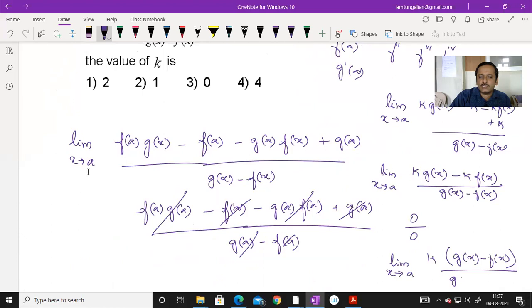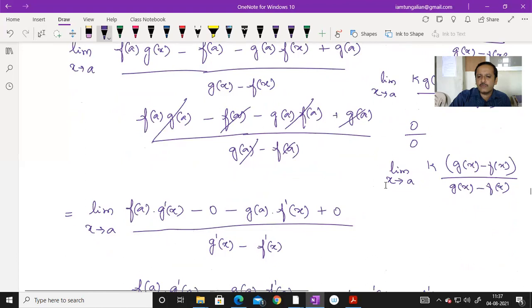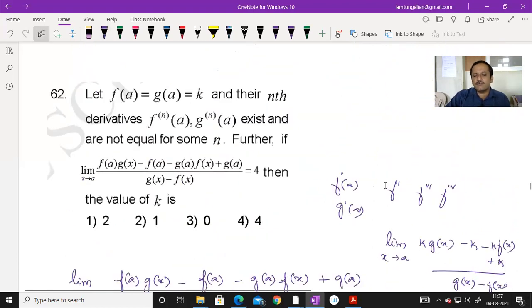So you'll have limit x tends to a, k into g of x minus k plus k into f of x minus k into... Okay. So that's limit x tends to a, k equal to k, and on the RHS they have 4. So k equal to 4.